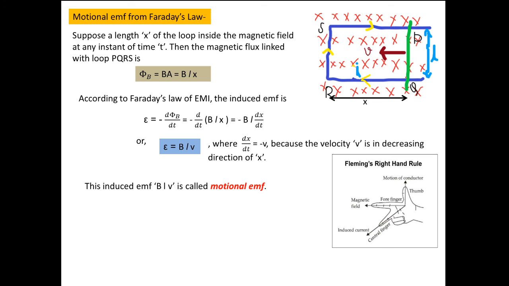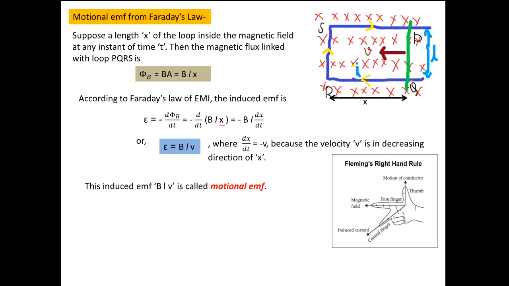Only what is changing, when this rod will move this side, x will change. So what we can write, this will be minus BL dx by dt. See, as it moves towards left, what is dx by dt? dx by dt is the velocity.